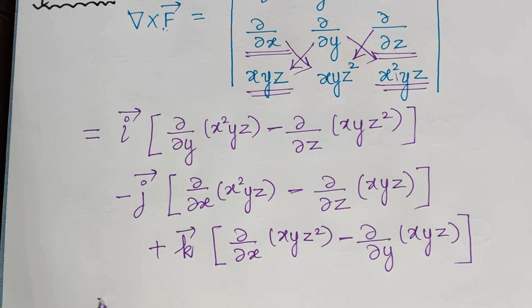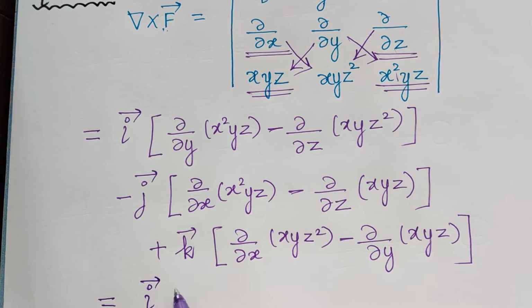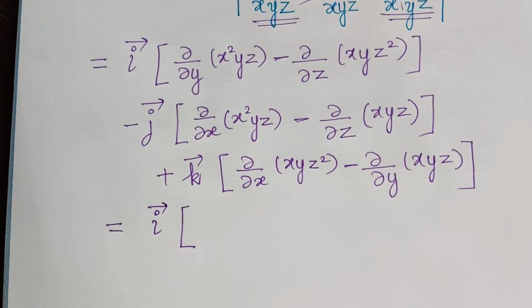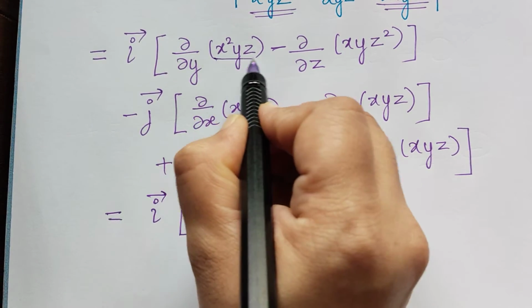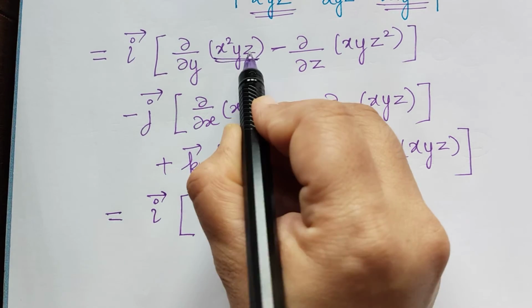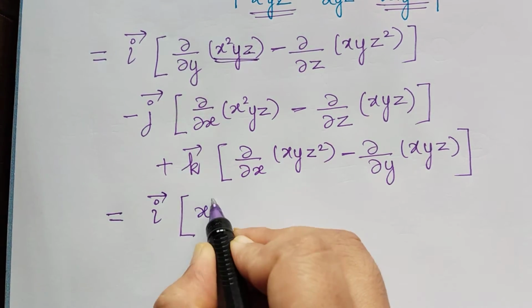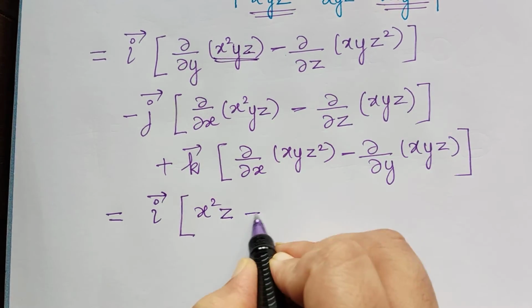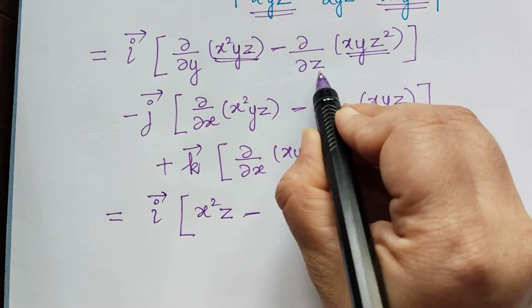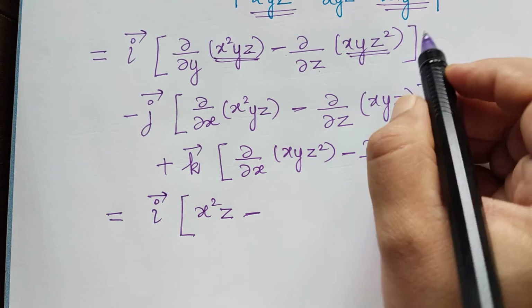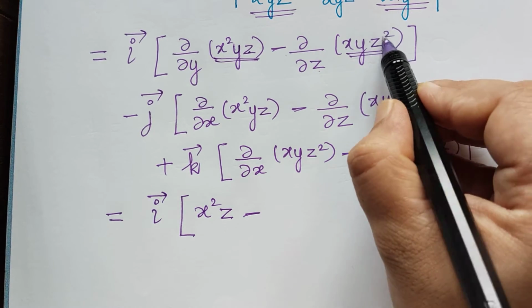So further, this is equal to i vector multiplied with, what is dou by dou y of this term? Now x square z will be constant, differentiation of y is 1. So x square z minus the partial differentiation of this with respect to z. X and y will be constant and the differentiation of z square is 2z.